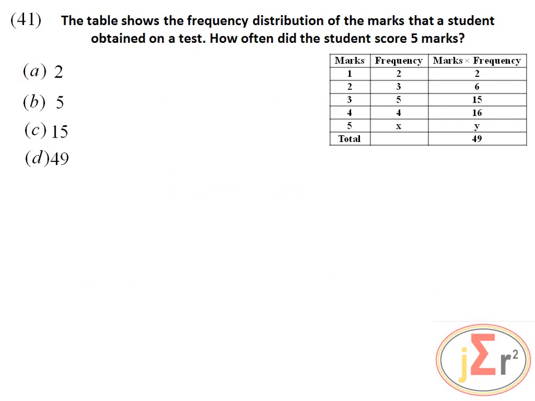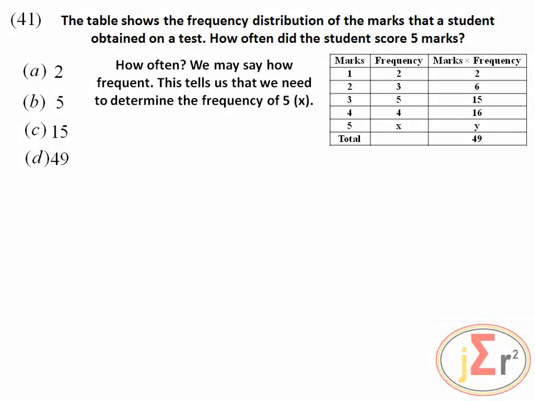The table shows the frequency distribution of the marks that a student obtained on a test. How often did the student score 5 marks? How often? We may say, how frequent?